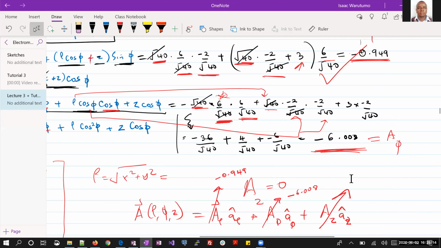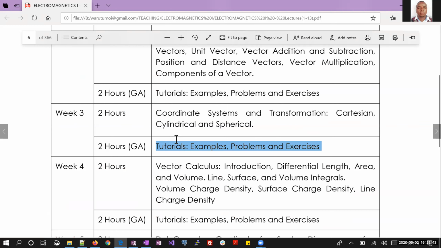Derek, you're asking me to repeat someone. Okay, someone is saying that they don't want their name to be called. I will not call you, but there are going to be more tutorials. It's always good to have more tutorials. Whoever asks that, you can respond to say that you have heard. My plan is that, from the schedule that I have already shared with you, every week we're supposed to have 1 lecture and 1 tutorial.